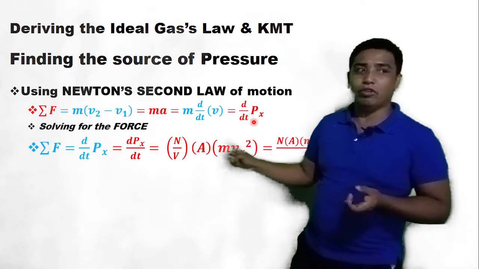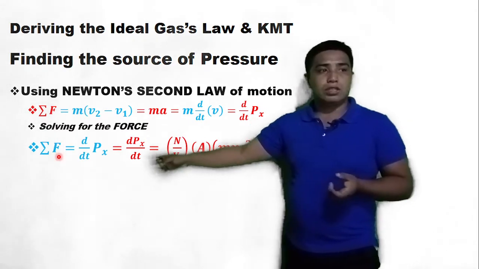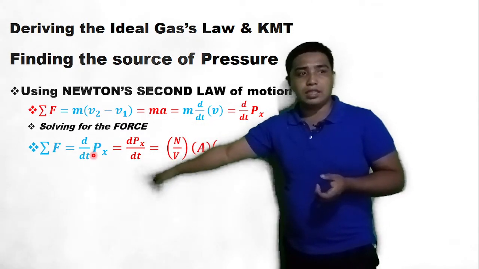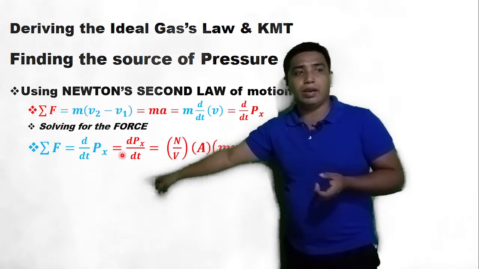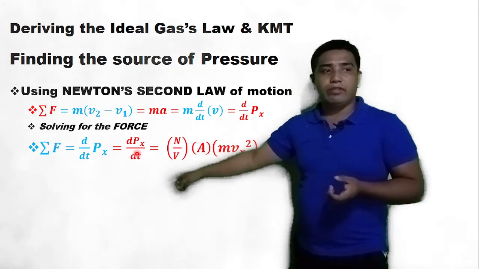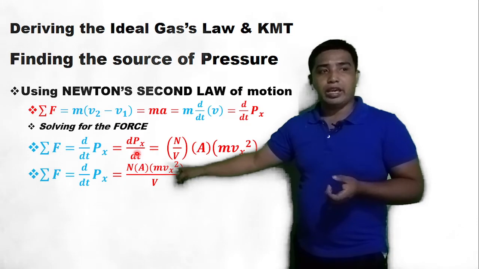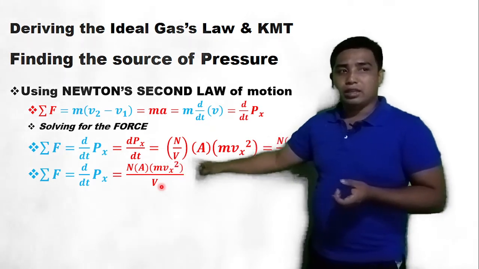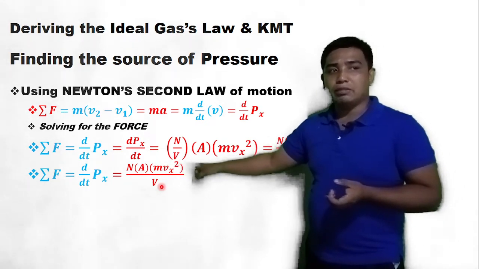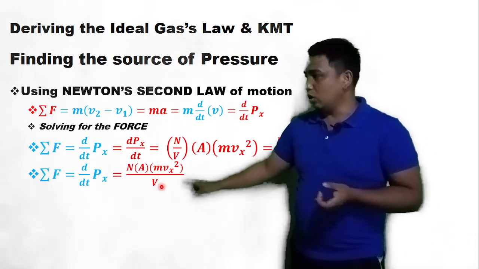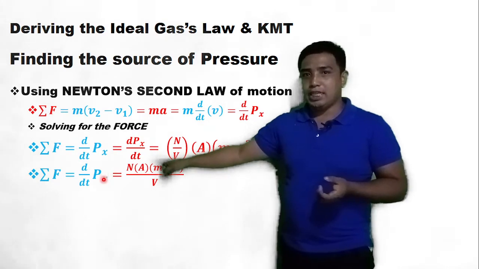So we can solve for the force: the sum of all the forces is equivalent to the derivative of the momentum in the x-axis divided by time. So dpx over dt is equivalent to N over V times A times mvx squared, and that is equivalent to N times A times mvx to the power of 2 all over V. You will see that we just divided by dt.